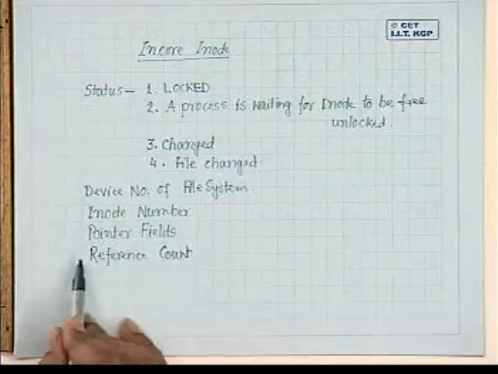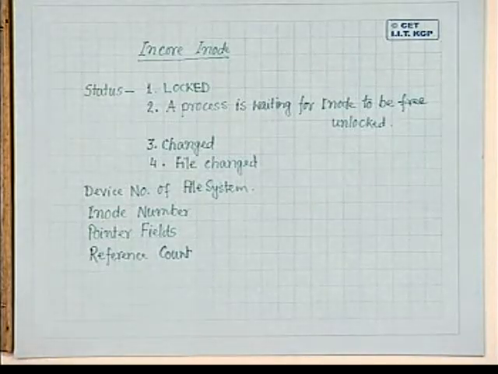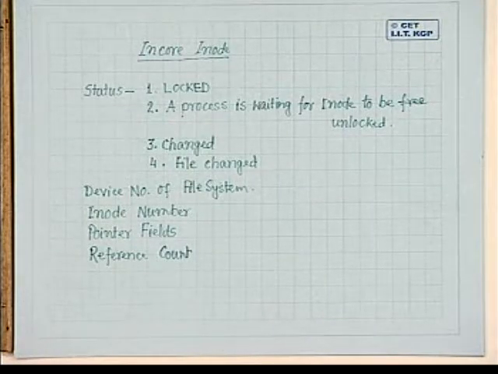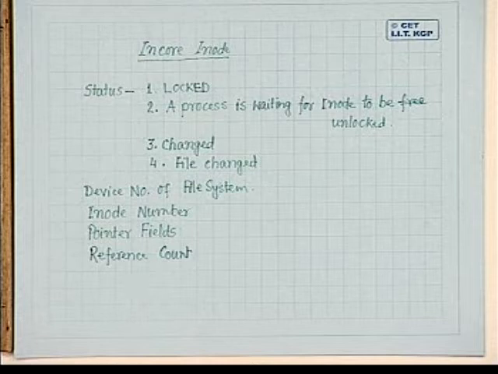So for any read or write operation on the file, I have to refer to the inode. Consider a case where two instances of a particular inode are active simultaneously. That means two processes are working on the file simultaneously. Now one process closes the file. The file is still open for the other process.